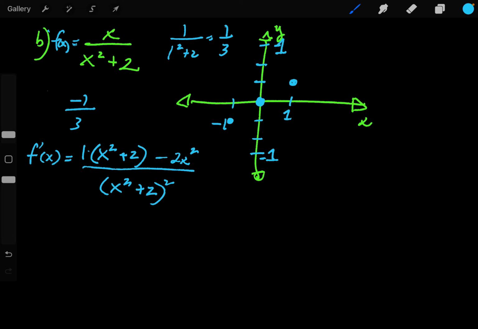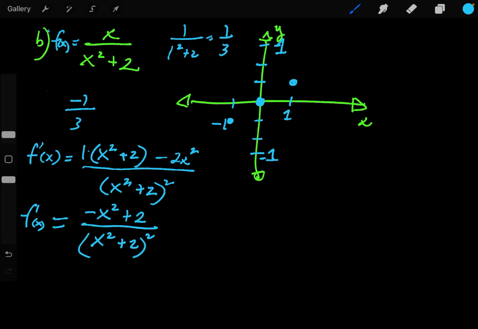Okay, and that's my derivative. Now, I want to solve for when this function equals 0. I'm going to simplify the top. Now, we want to know how to simplify, because now we actually need to solve equations and do stuff like that. So simplifying is going to help us out. This is going to become negative x squared plus 2 over x squared plus 2 squared.